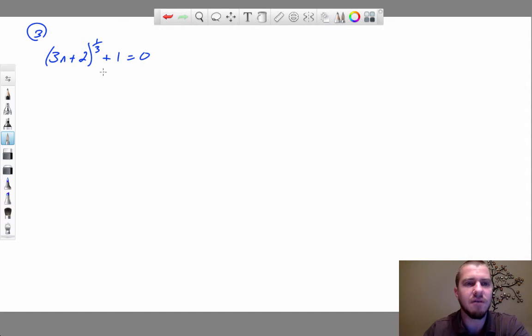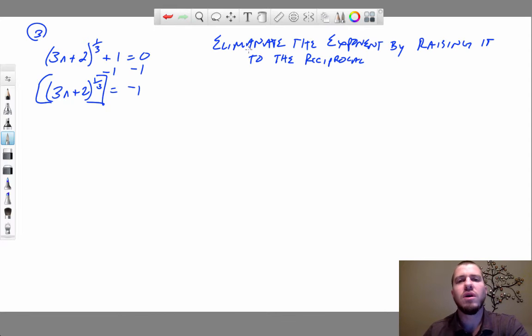So my first step for this one is going to be subtract 1. And I have 3n plus 2 raised to the 1/3 is equal to -1. And how you're going to eliminate the exponent is by raising it to the reciprocal of whatever that fraction is.